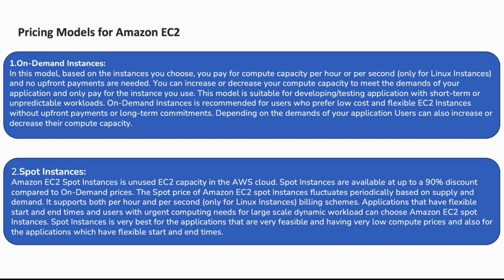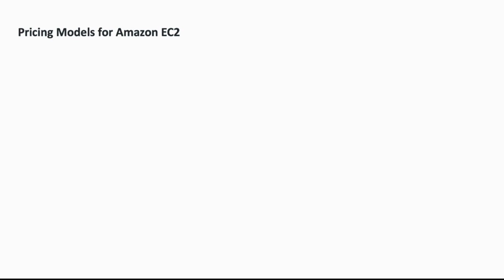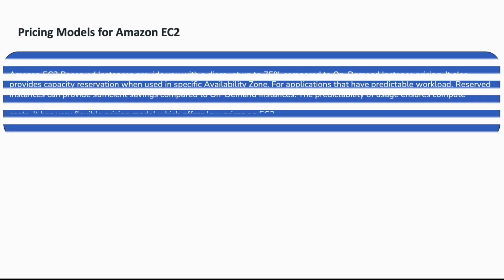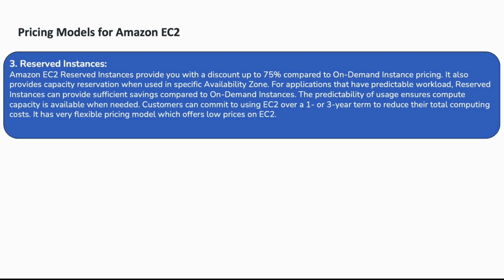Applications that have flexible start and end times, and users with urgent computing needs for large-scale dynamic workloads, can choose Amazon EC2 spot instances. Spot instances are best for applications that are feasible with a very low compute price, and that have flexible start and end times. So you have to learn all this for certification purposes. They will give you a situation and you have to answer accordingly.